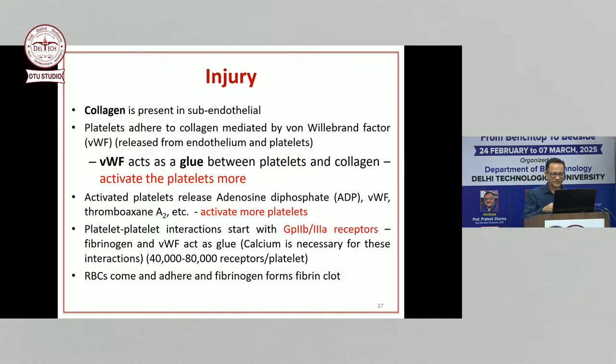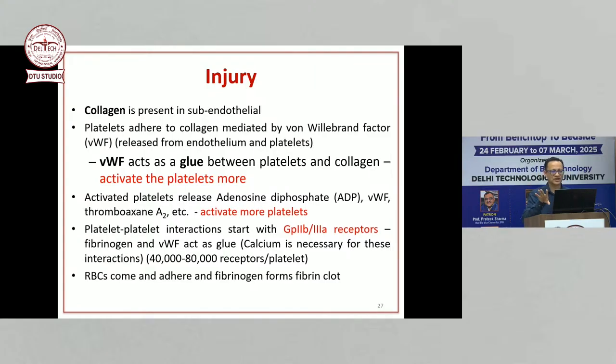Now, a little bit about the process. Collagen is present in the subendothelium. When everything is fine, it's hidden. But when you get a cut, it gets exposed. Platelets adhere to collagen mediated by von Willebrand factor or VWF, released from endothelium and platelets.